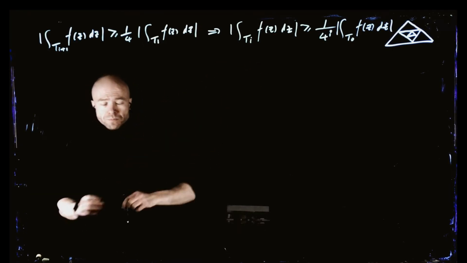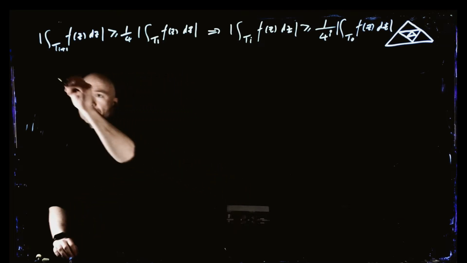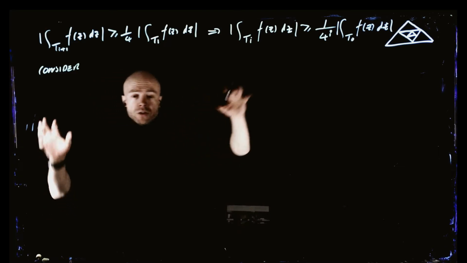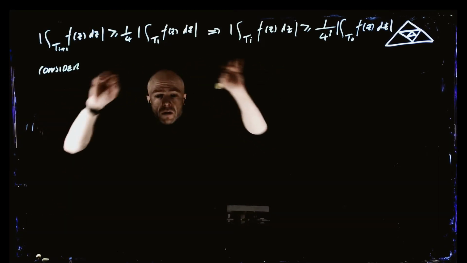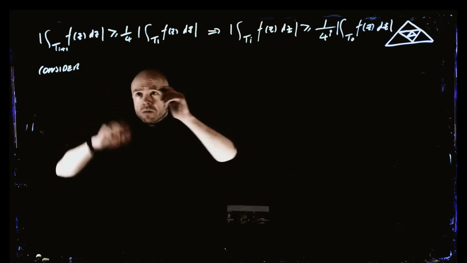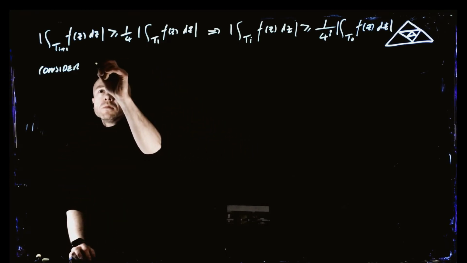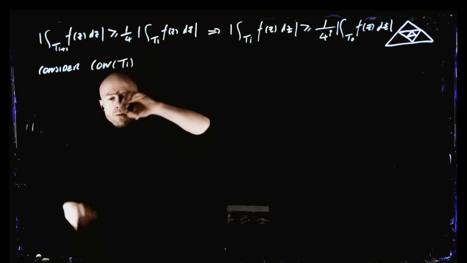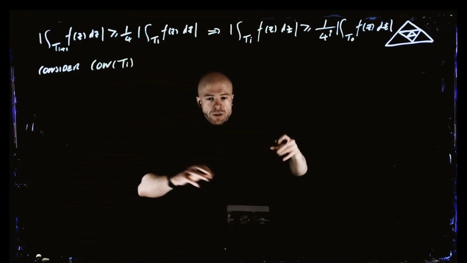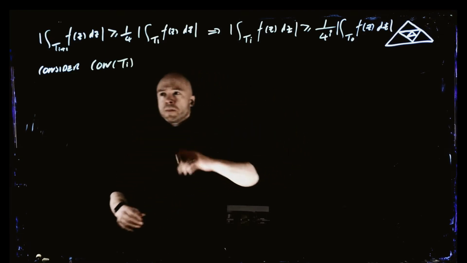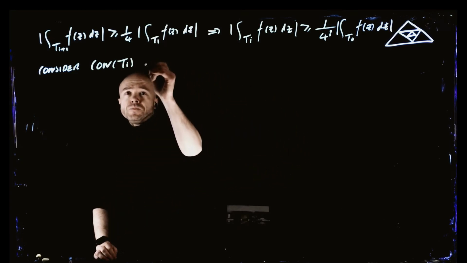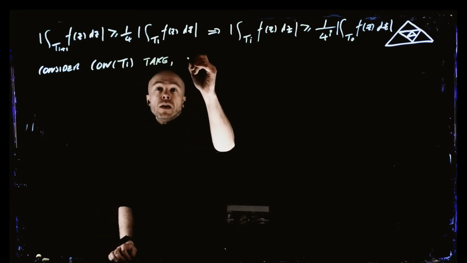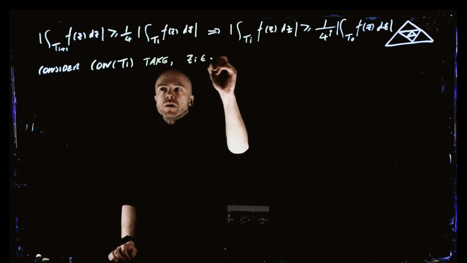Now, if we consider a collection of triangles and their interiors, in other words, the convex hull of Ti, they're all nested inside each other, right? Each guy is inside the parent. So take, let's say, Zi belonging to this.